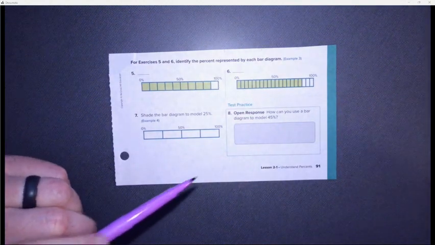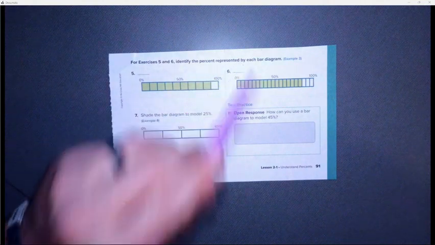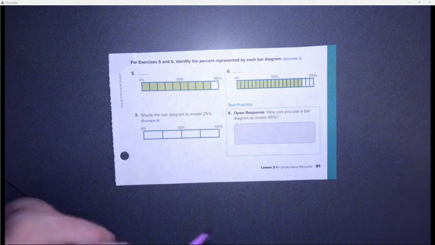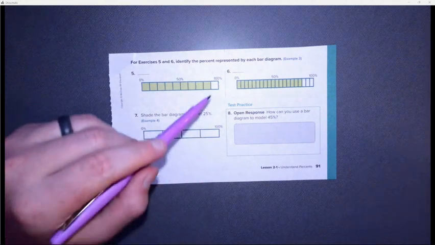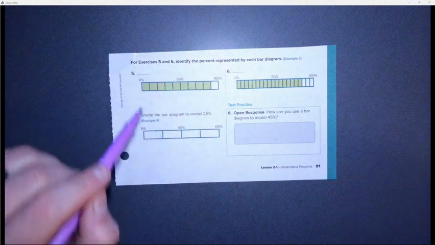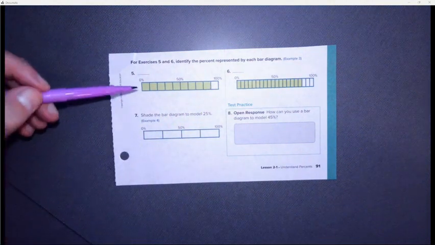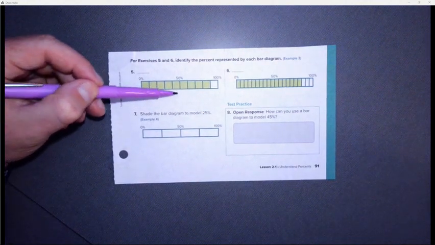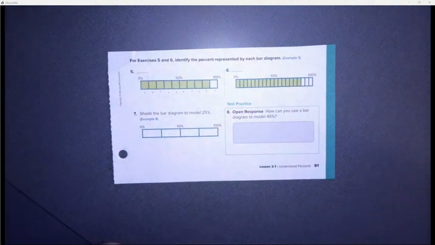Number 5 on our practice page wants us to identify the percent represented by each bar diagram. Well, the first thing we need to identify is how many sections our bar diagram is cut into. I know that my total bar will equal 100, so I'm going to divide it by however many sections there are. And if I count, I have 1, 2, 3, 4, 5, 6, 7, 8, 9, 10 total sections.